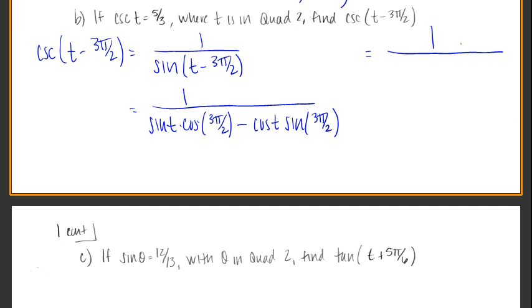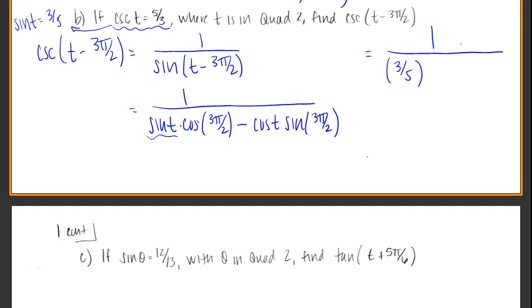Plugging in some information I know, going back to the original problem, it tells me that cosecant is 5/3. So because of that, I know that sine, which is the reciprocal of cosecant, is 3/5. So this is 3/5 for sine of t, replacing that one.